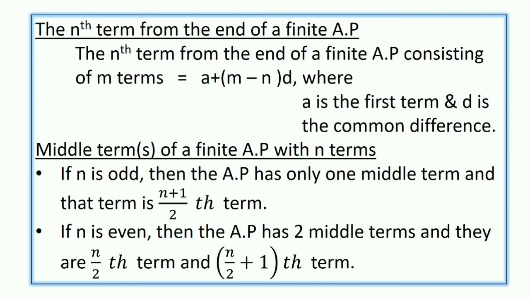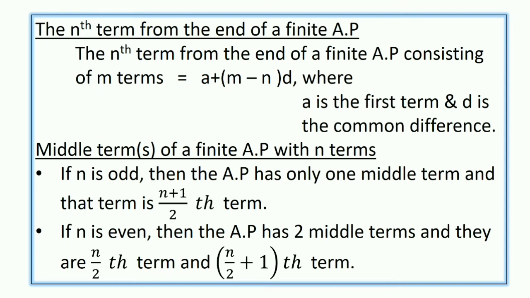Suppose we had to find the third term from the last in a progression consisting of 20 terms. Here m is equal to 20 and n is equal to 3, and hence we apply the formula like this, provided the first term and the common difference: first term plus (20 minus 3) into common difference.